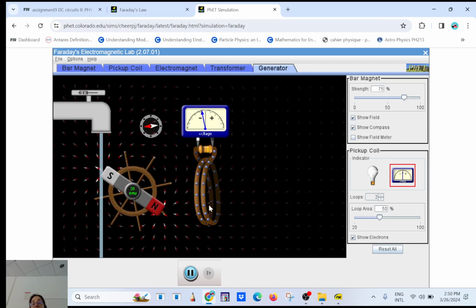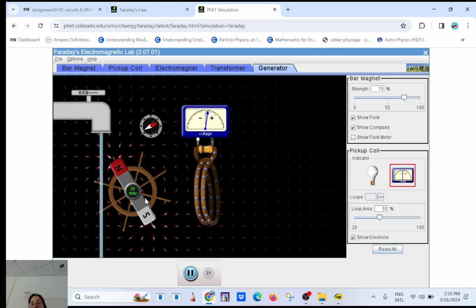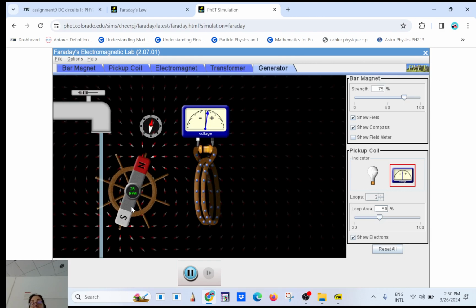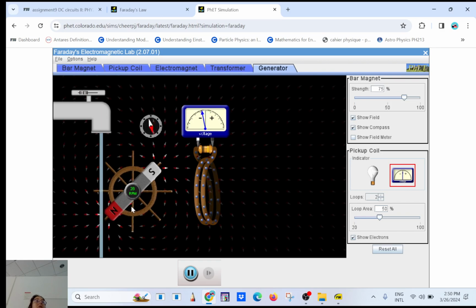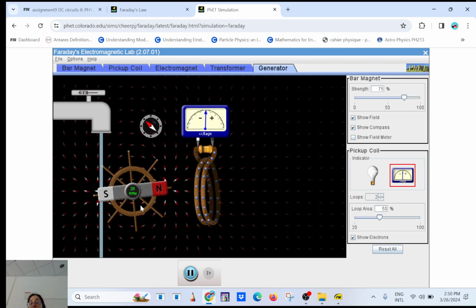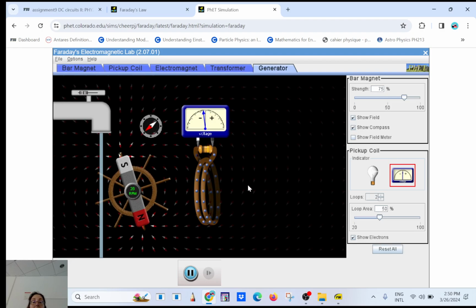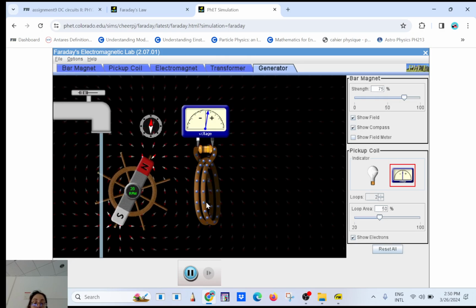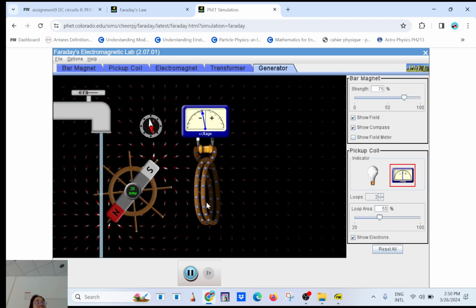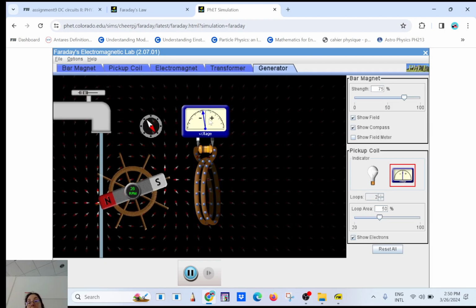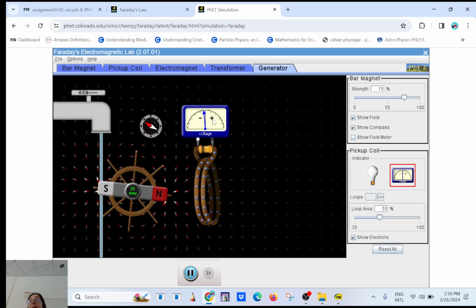You need a conductor, you need a magnetic field, so you need a magnet or an electromagnet, and something has to change with time. So what's happening here is the magnetic field lines poking through this area will change with time. So this is called the law of induction. But when this happens, you can only get AC.